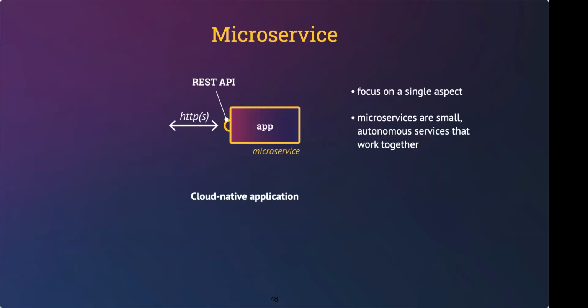And what you have seen over the last decade is more and more applications that use REST APIs. That means you have an application service that's focused on a single aspect, a single functionality implemented by that service.